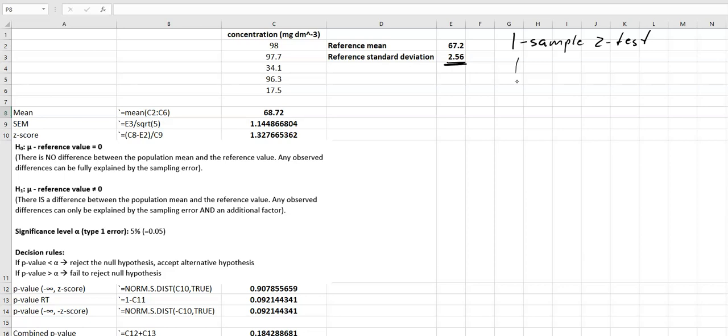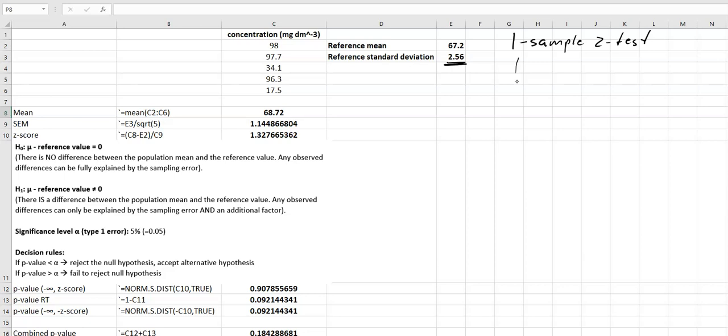If we don't have it, then we would have to estimate the standard deviation, and we could no longer use the z-test and the normal distribution. We would in this case have to use a t-test, but luckily in this case we have this reference standard deviation. So how can we deal with that?